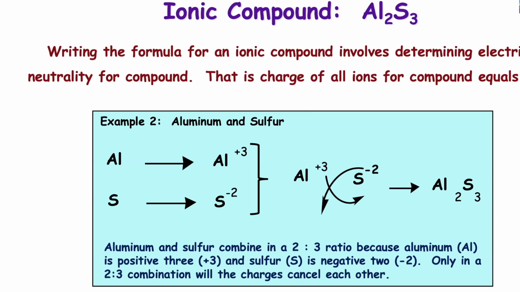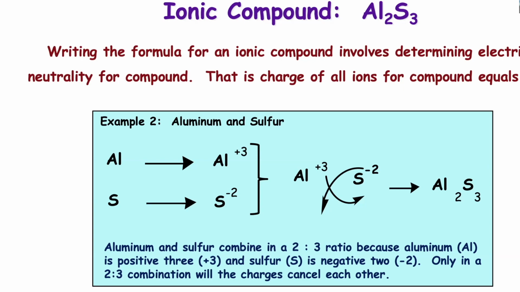Aluminum, 2 aluminums giving up 3 electrons apiece, is 6 electrons. Sulfur, with its 3 sulfurs wanting 2 electrons apiece, will pick up those 6. It's called electrical neutrality. There can't be a net left over or excess of electrons. Whatever electrons one atom gives up have to be picked up by the other atoms.